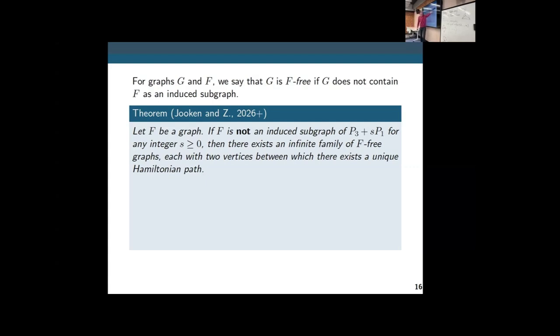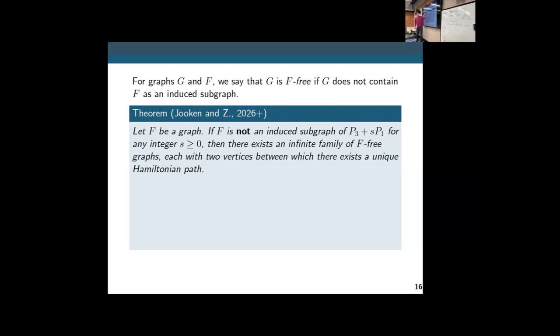Now, this is an important class of graphs F that we're looking at: P3 plus S P1. What does this mean? You have a path on 3 vertices, that's P3. And then you have S copies of P1. These are just K1, just points, and you have S of those. So this is the graph we're looking at, and S is some integer.